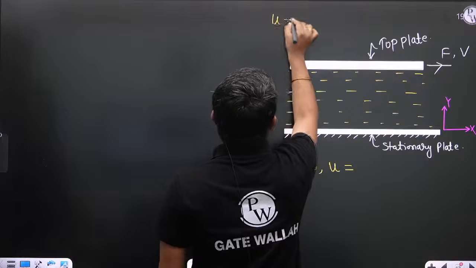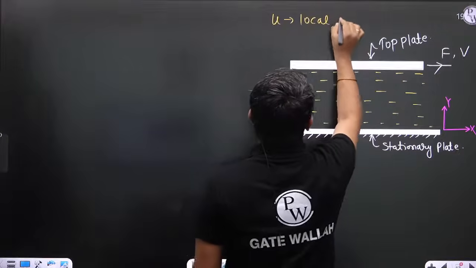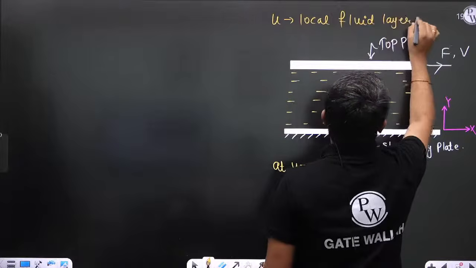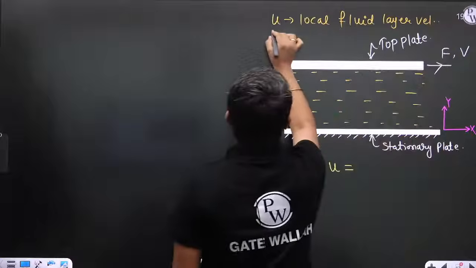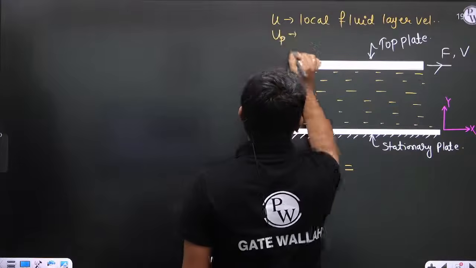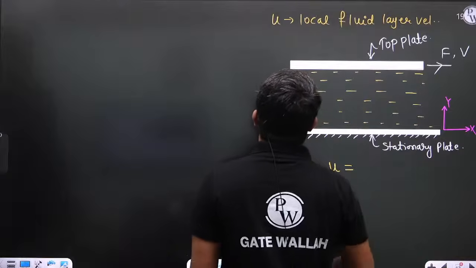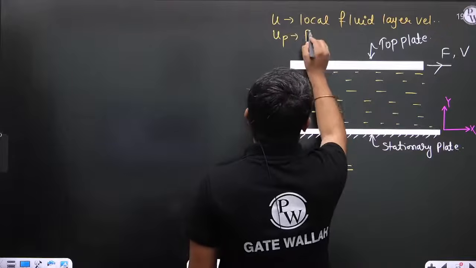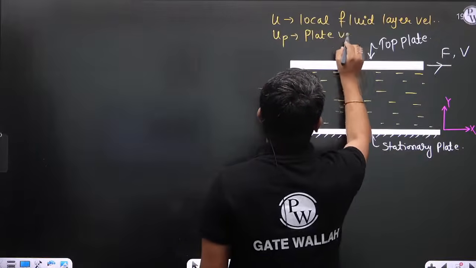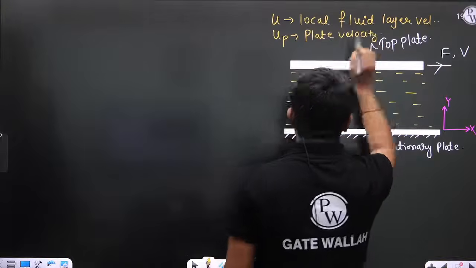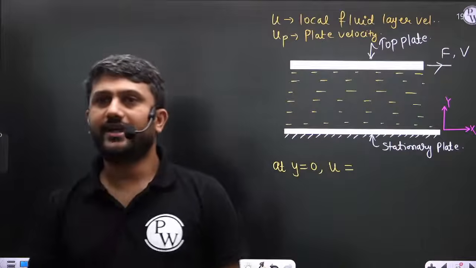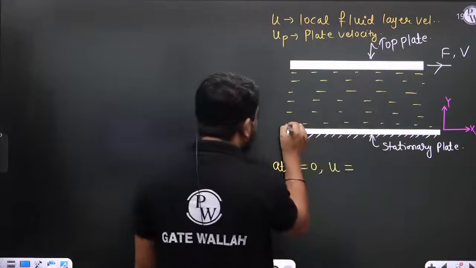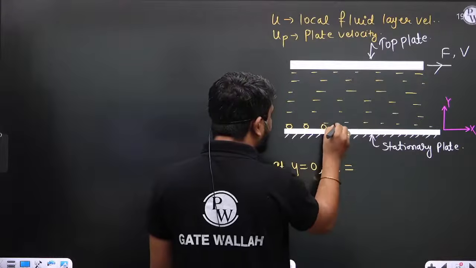Let us consider u is the local fluid layer velocity, and Up is the plate velocity. So if I ask you at y equal to 0, what is the velocity of the fluid layer? I am talking about this fluid layer.